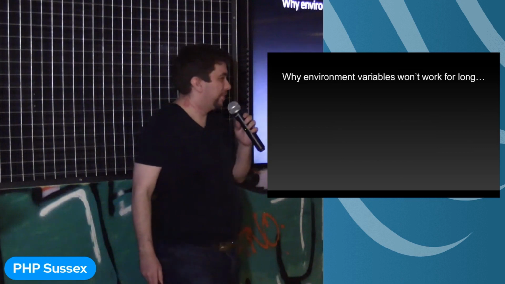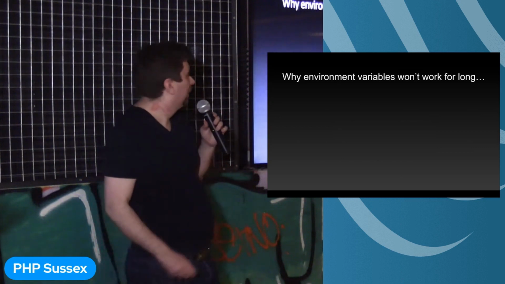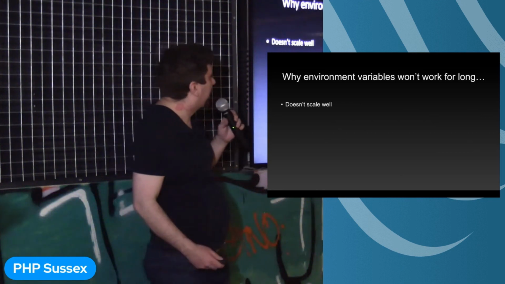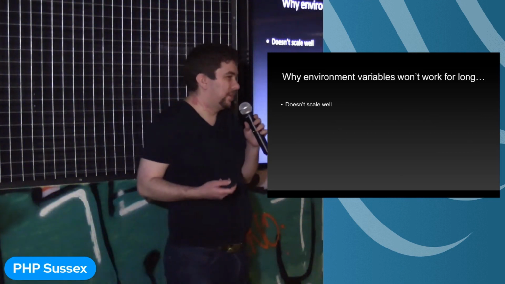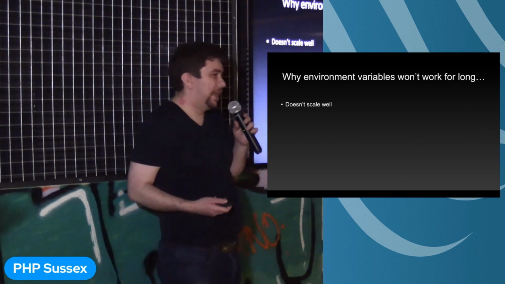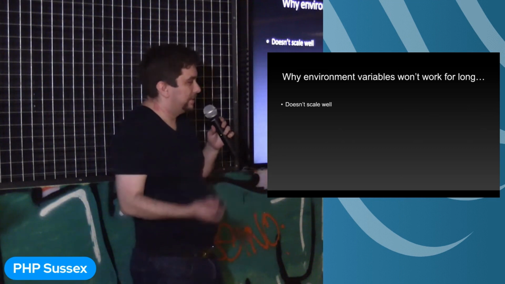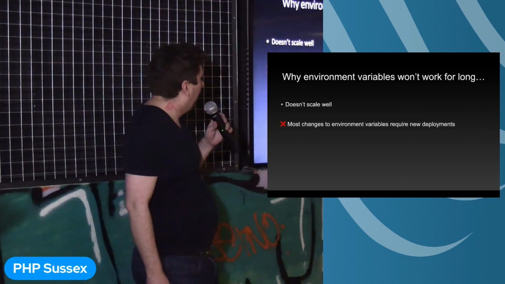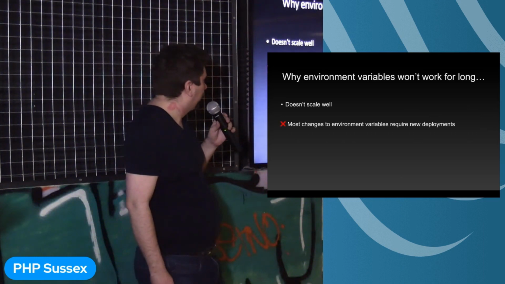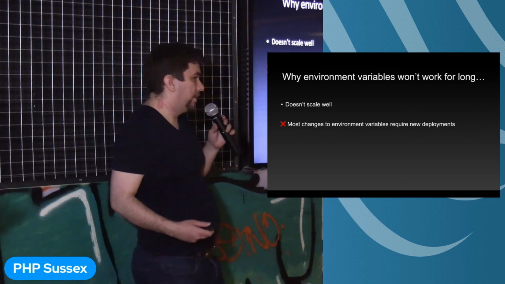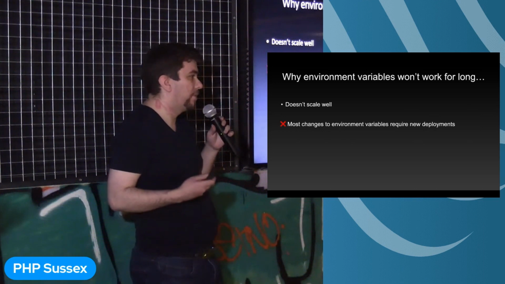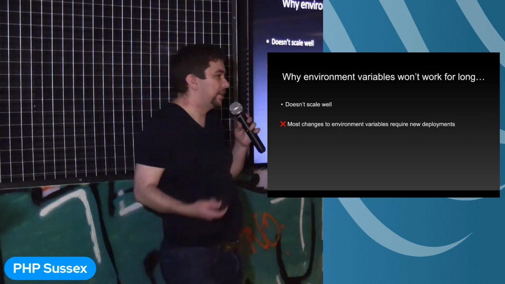But this doesn't work very well for very long. It just doesn't scale well. And what I mean by that is we start to end up putting lots of environment variables that are just booleans to say, is this on and is this off? And it definitely won't help with the fact that most server setups are not actually going to have environment variables changing when the code's actually deployed.